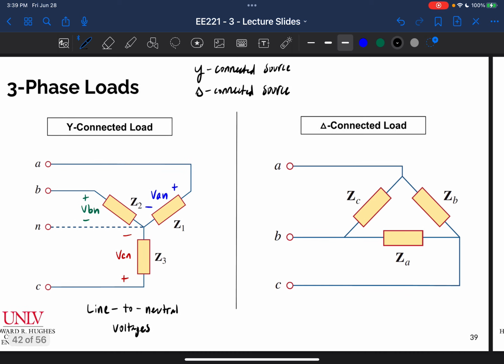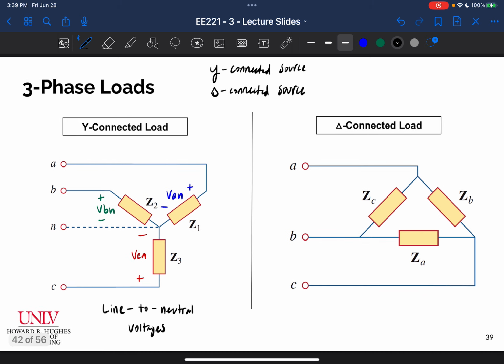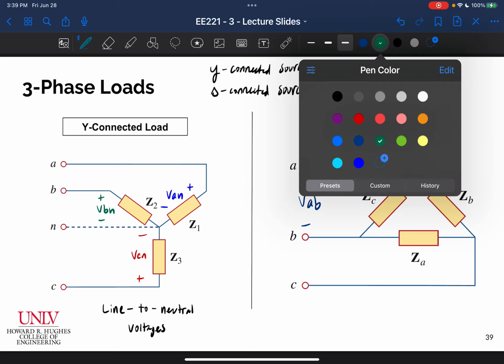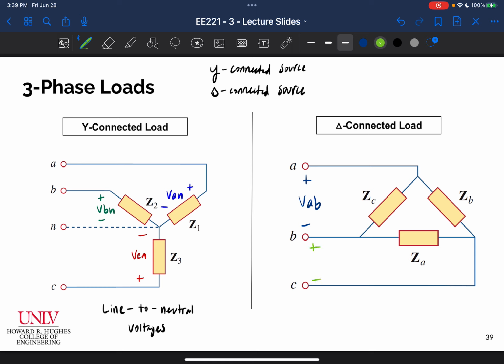And then here we have the delta connected load, which has, so across ZC, what voltage do I get? I get VAB across this load. For the A impedance, ZA, I get VBC.